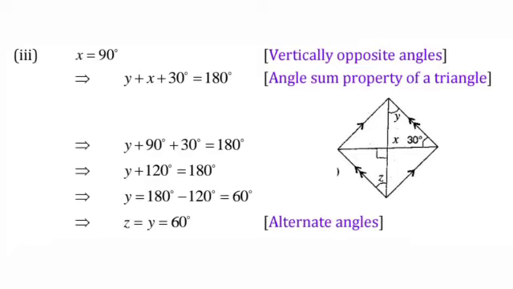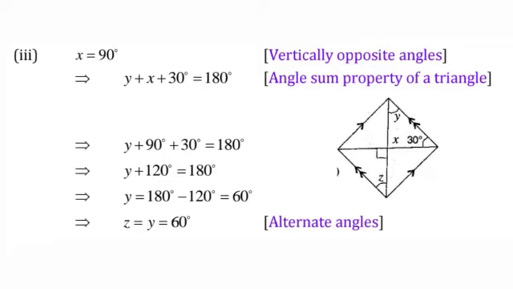Then we add angle x and angle y and 30 degrees, we will get 180 degrees because it is like a triangle. Then y plus x plus 30 degrees equal to 180 degrees. We substitute the x value as 90 degrees. Therefore, y angle equal to 180 minus 120 is equal to 60 degrees.